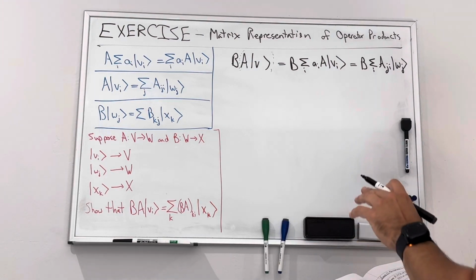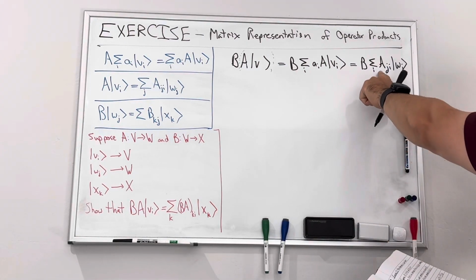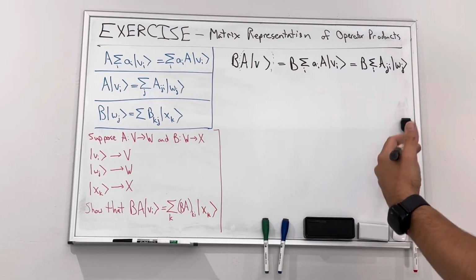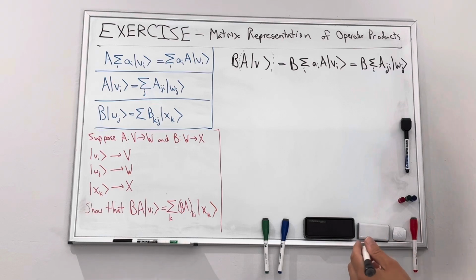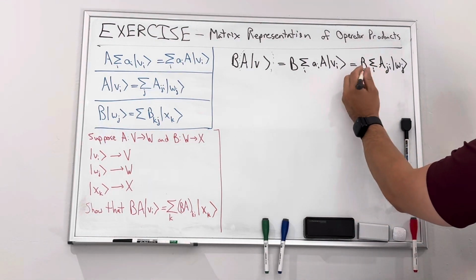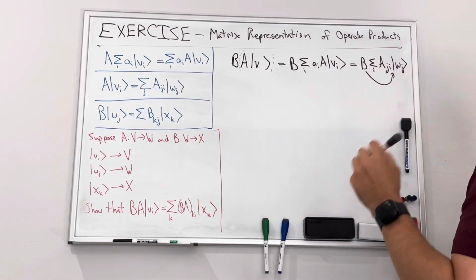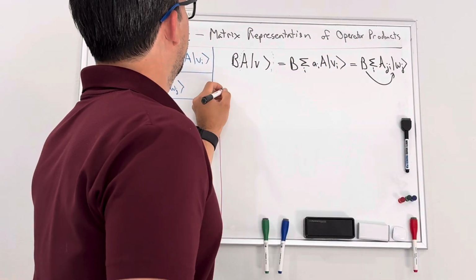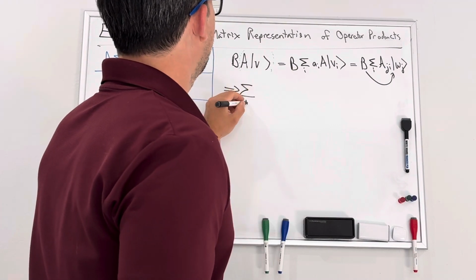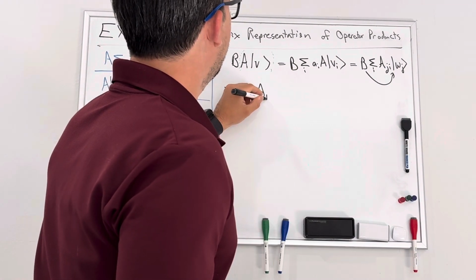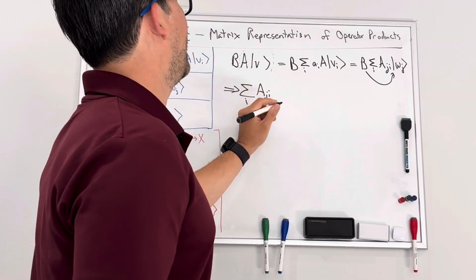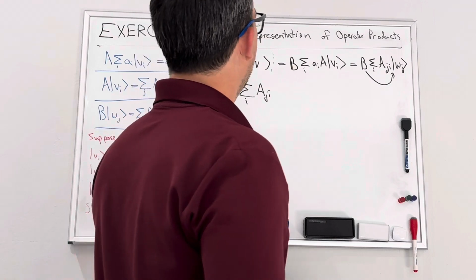Well, A_JI, that's just a constant, it's just a number now, right? It just represents some entry in a matrix. And so if I could do that with A, I could do the same thing with B. So I will just rewrite this as the sum over J of A_JI, where J is the row and I is the column that's in question.